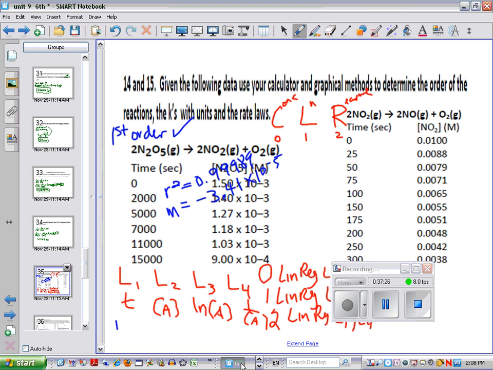You would go rate is equal to, yay, I got my k, 3.41 times 10 to the -5. What are the units? This is a what order? First, so it's just 1 over, how do I know it's seconds? Look at your data. 1 over seconds, okay, times N2O5 to what power? To the first, because it's first order.